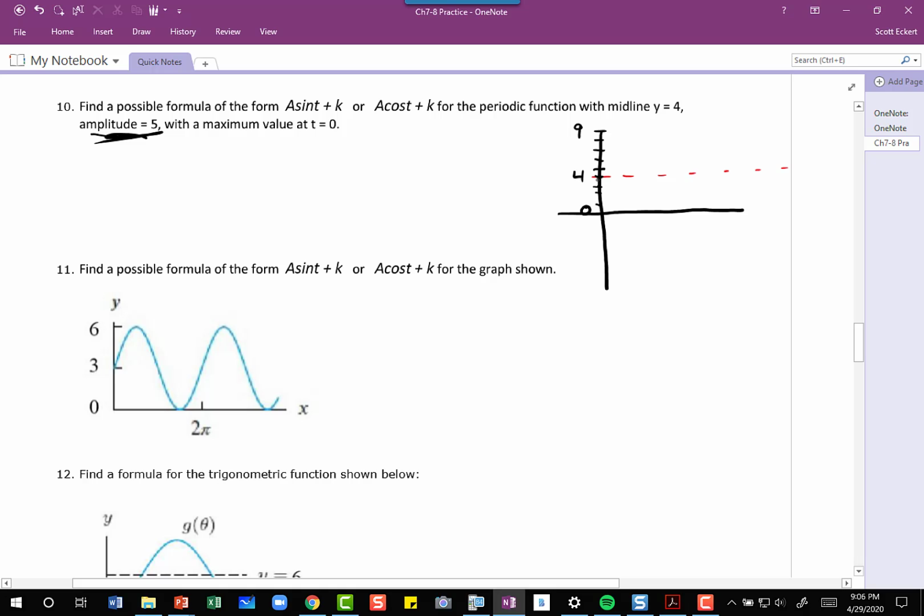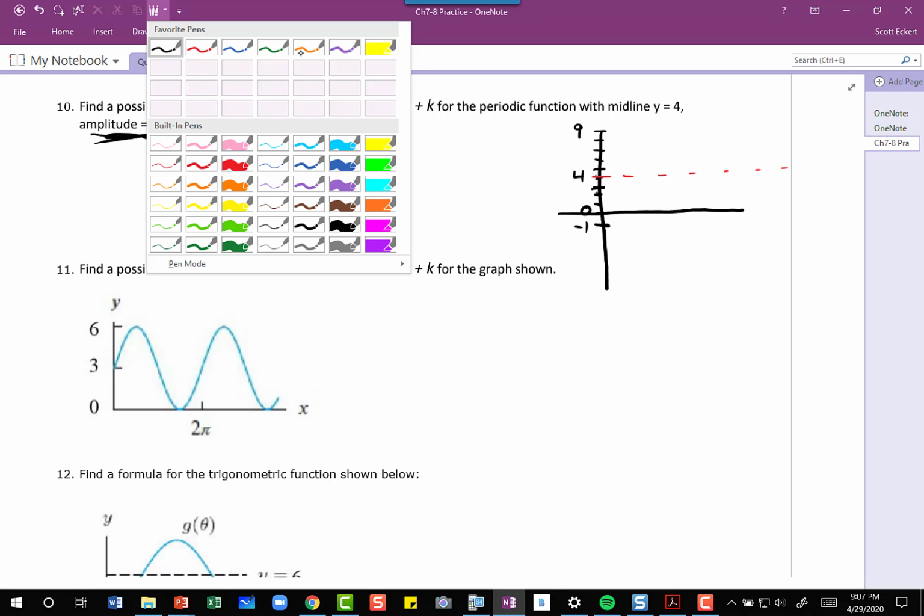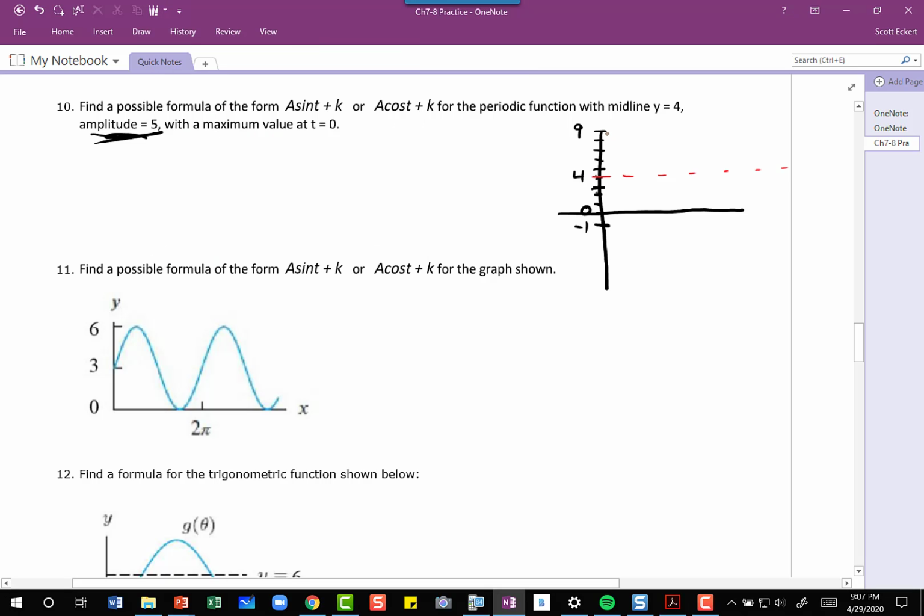And if this is 4 for the midline, I'm going to have to go 1, 2, 3, 4, 5 down to -1 for the bottom of the window. So if I create a window for one cycle, I'll have a pretty good sense of an equation. And so I'm going to make a different color for my window here. Let's make it orange. So it has to go from -1 to 9.